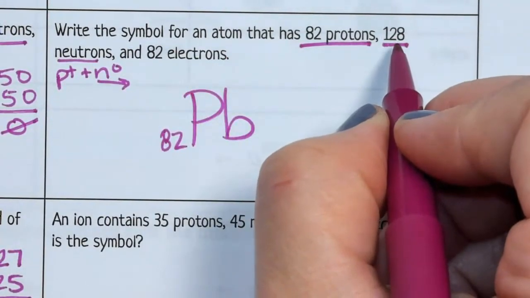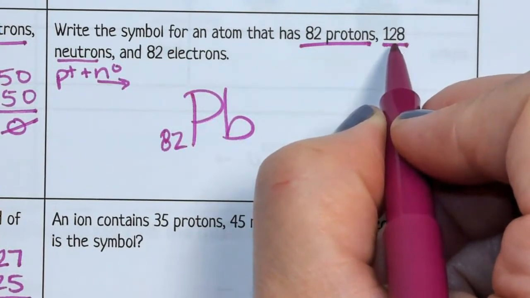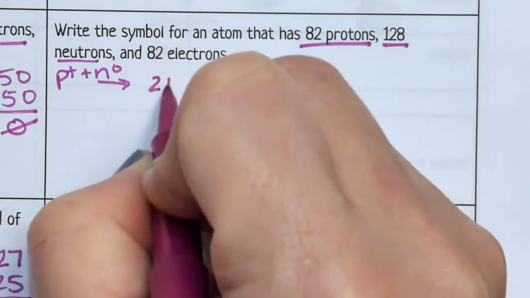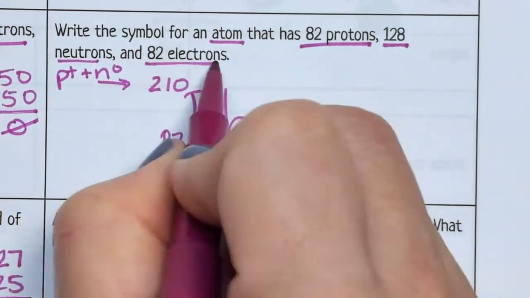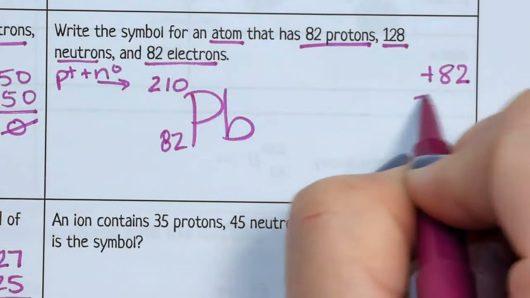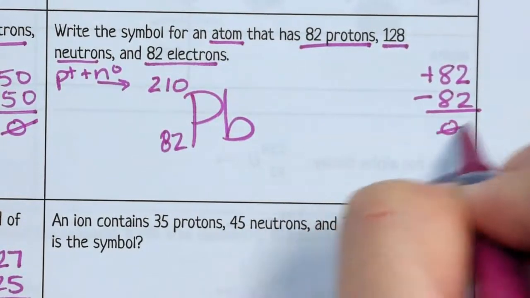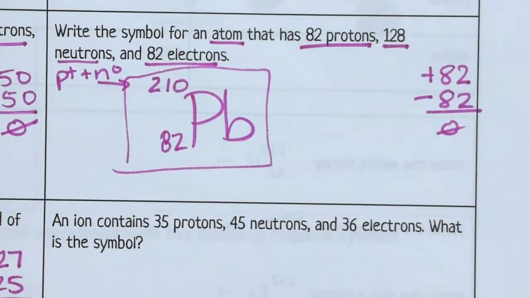So together that's going to make 210. And then it tells you it's an atom, but you can see that we have 82 positive protons and 82 negative electrons, which is a charge of 0. So this would be the symbol for this one.